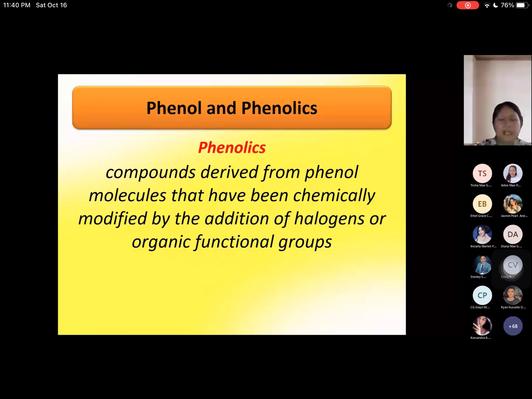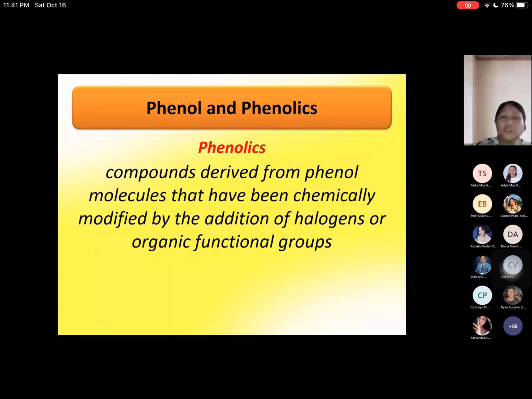The phenolics are derived from phenol. This is produced and manufactured to reduce the irritating effect, thus increasing the antimicrobial activity. That is phenolic. So it is different from phenol or the carbolic acid, though it is derived from phenol.